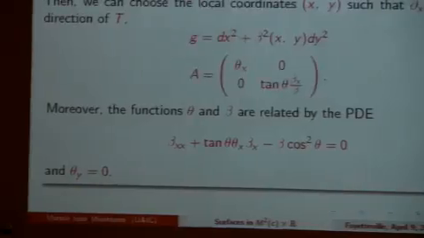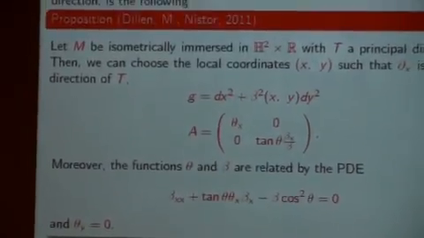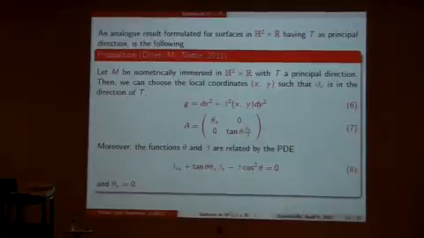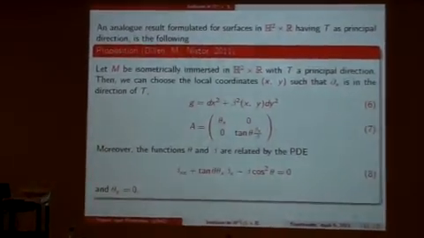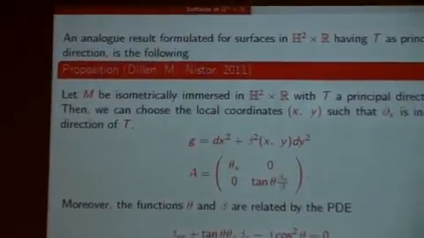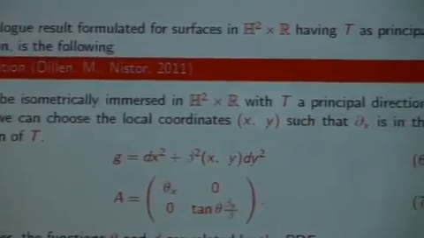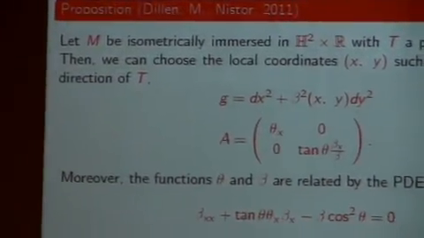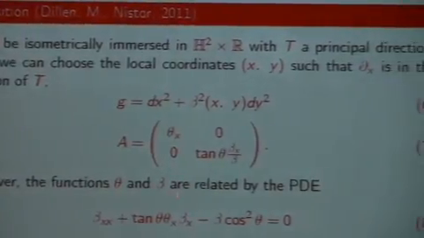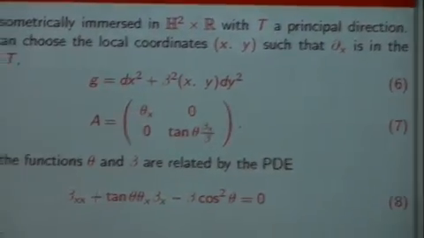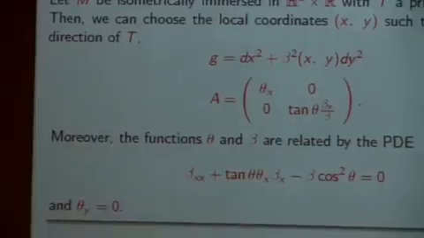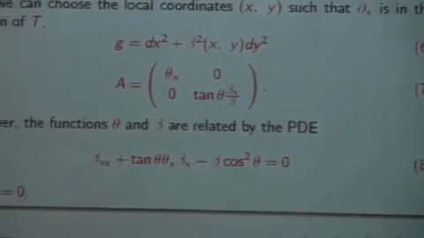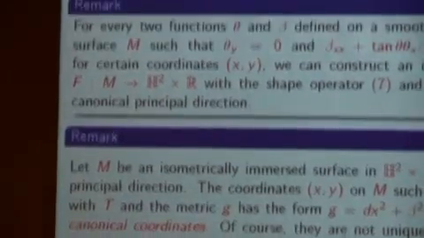If we do so, we can construct these coordinates x and y, and the expression of g and the shape operator a simplify. Also, the relation between beta and theta, and moreover, we remark that the angle function depends only on the first coordinate x.